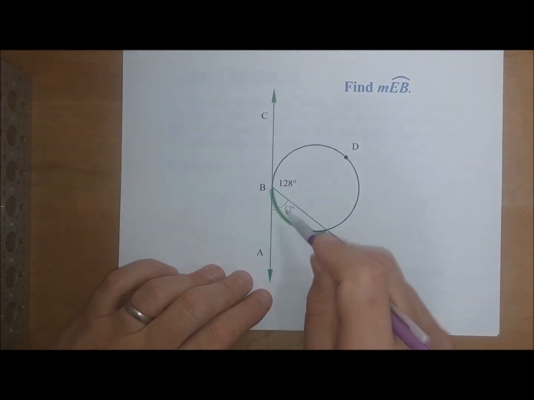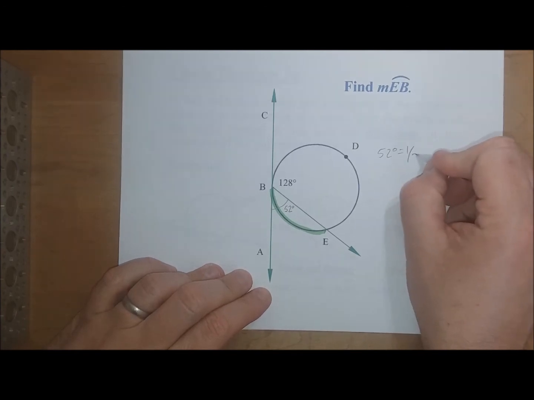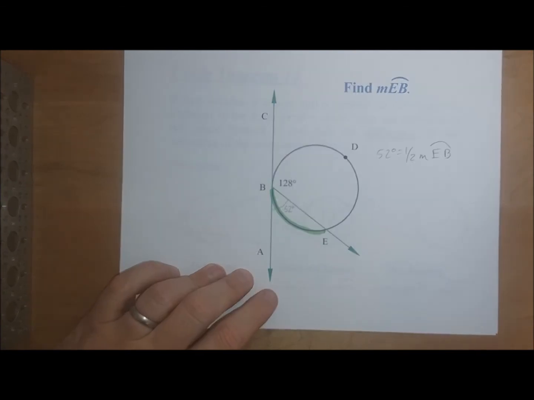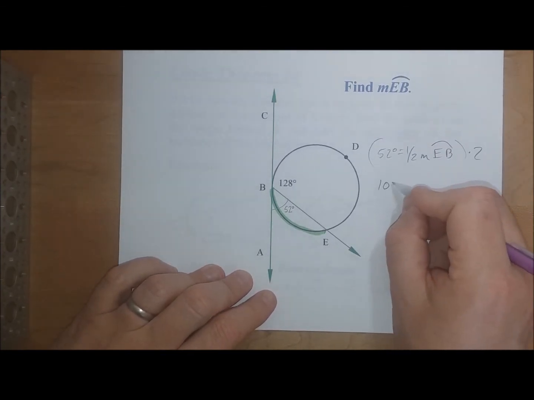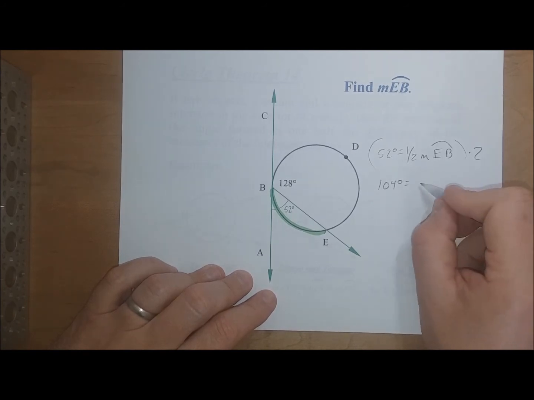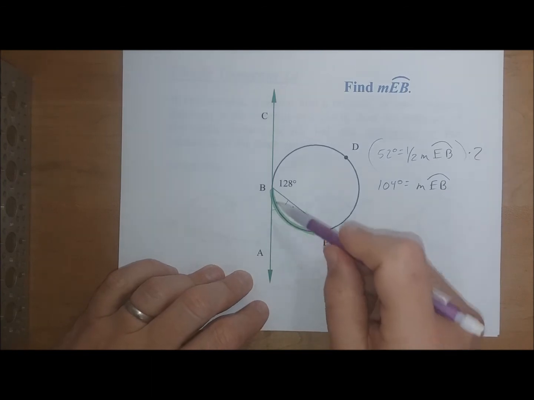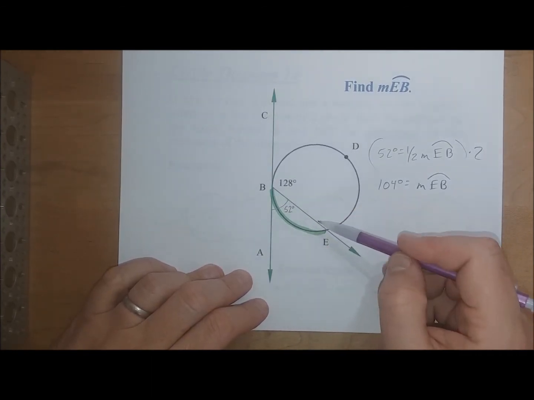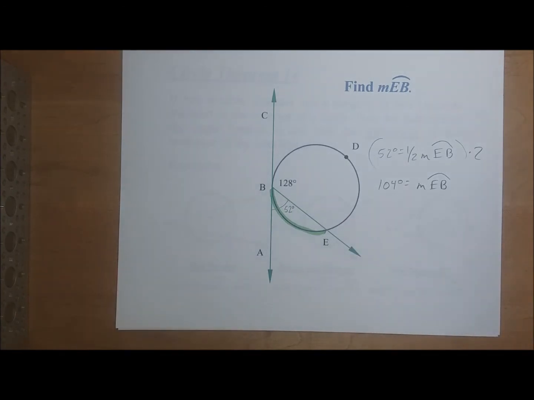So that means 52 degrees equals 1/2 of the measure of arc EB. Or I could multiply that by 2 and get 104 degrees equals the measure of arc EB. Remember, the arc is going to equal twice the measure of the angle. The angle is going to be half the measure of the intercepted arc. Good.